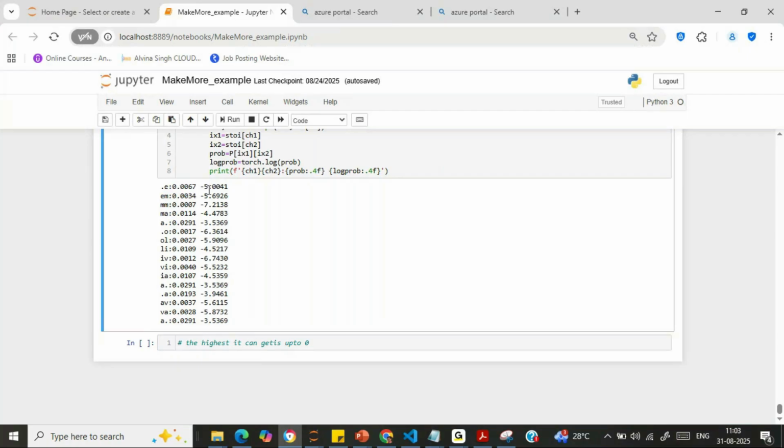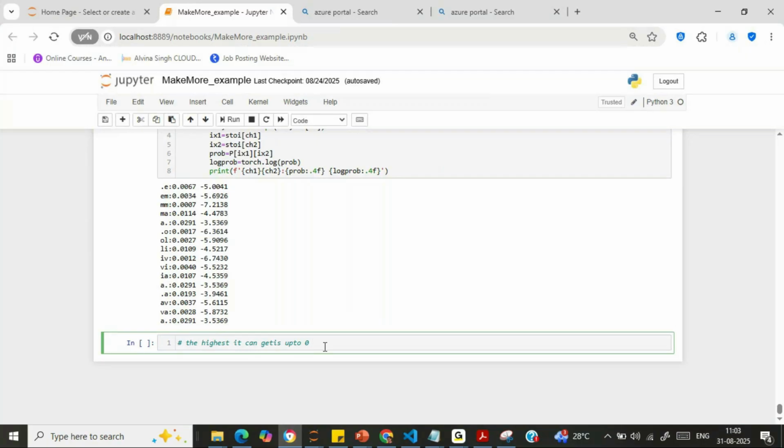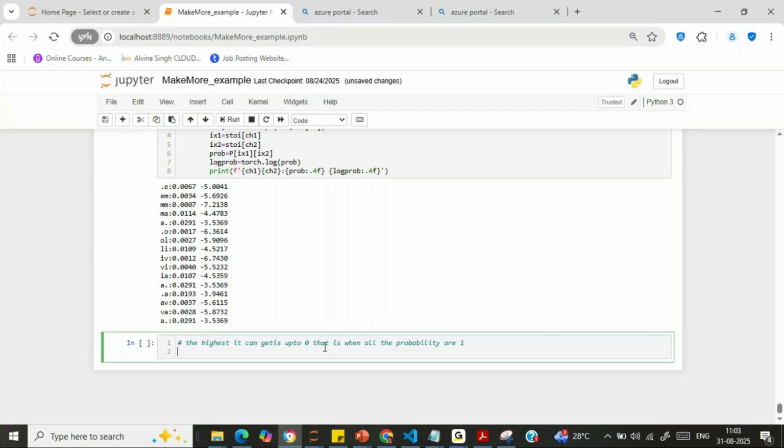If this is 1, the output will be 0. The highest it can get is 0, and that is when all the probabilities are 1. Okay, that is perfectly fine.